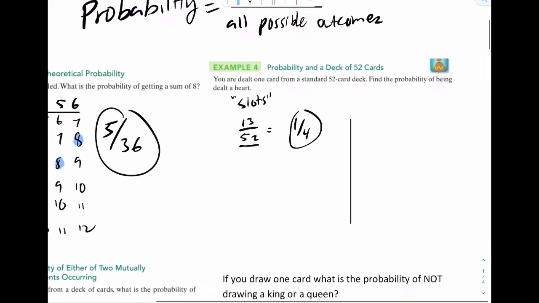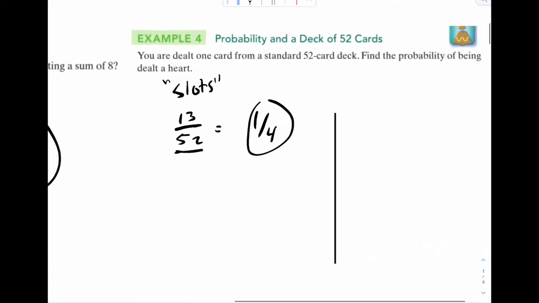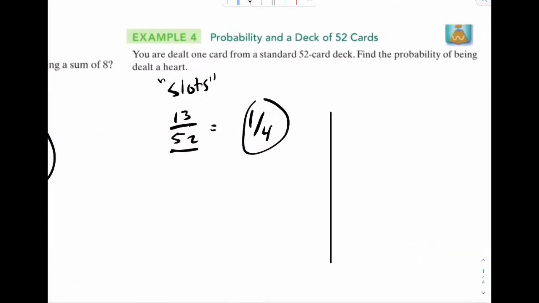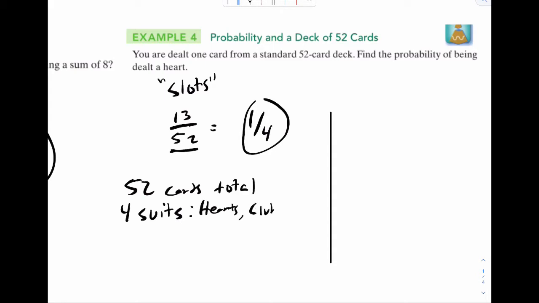Now, in case you don't know how I did that, for this unit, you should probably play a game of cards so you get more comfortable with how cards work. Just so you know, there are 52 cards total. There are 4 what we call suits. That would be hearts, clubs, spades, diamonds.